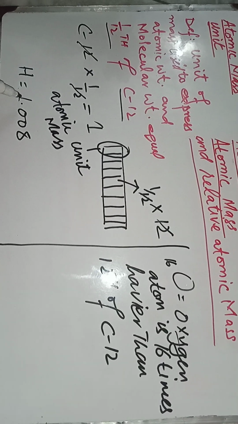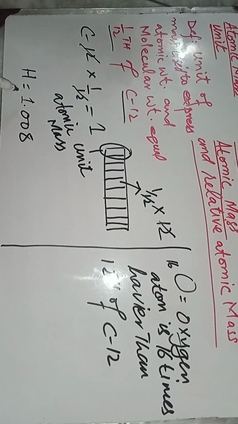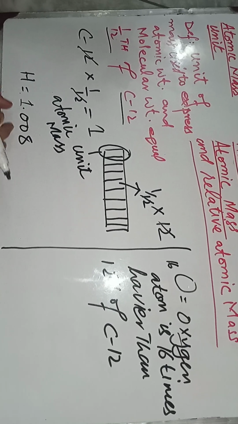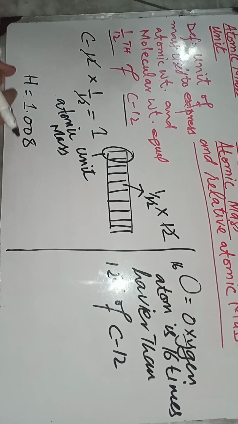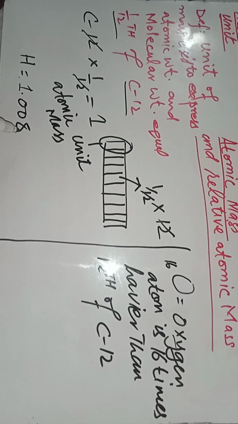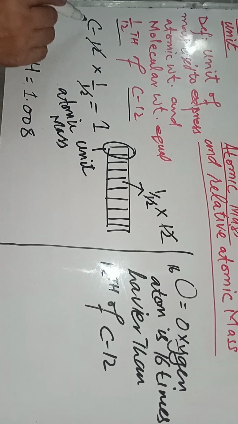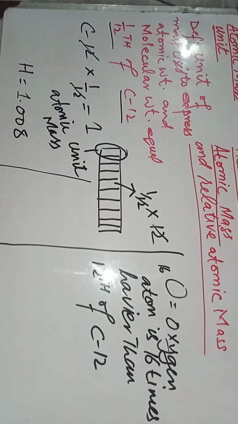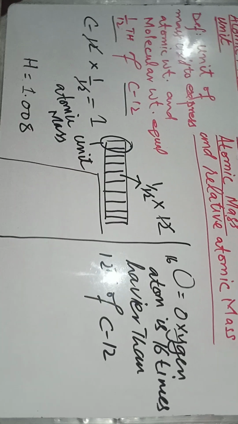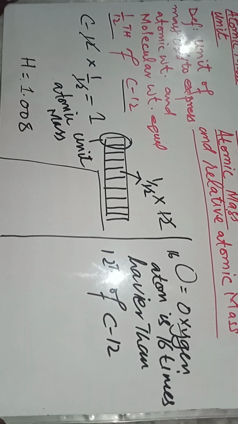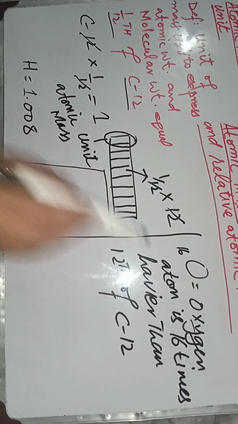Even then, it was not exactly 1. That's why, instead of hydrogen, carbon 12 was taken. So there are many reasons that carbon is taken as a standard for the relative atomic mass.